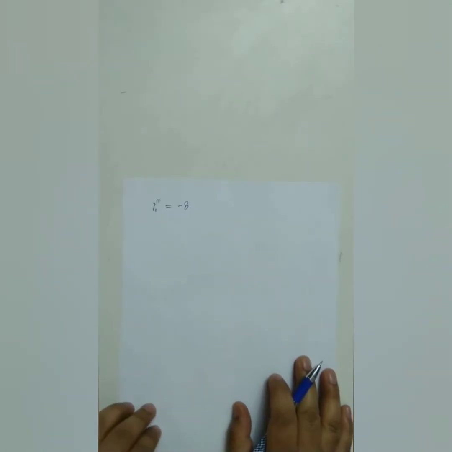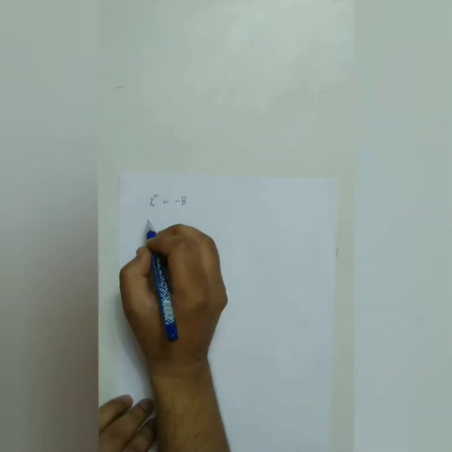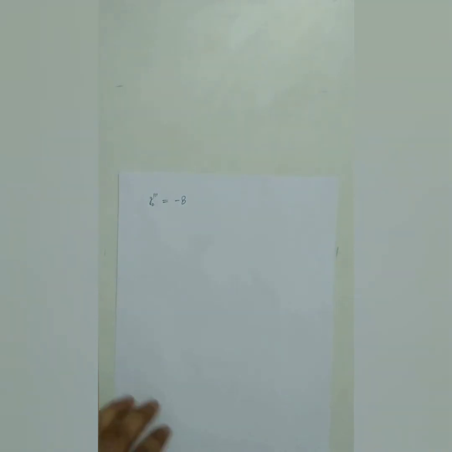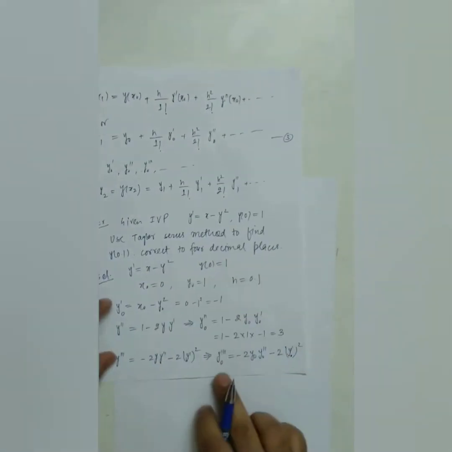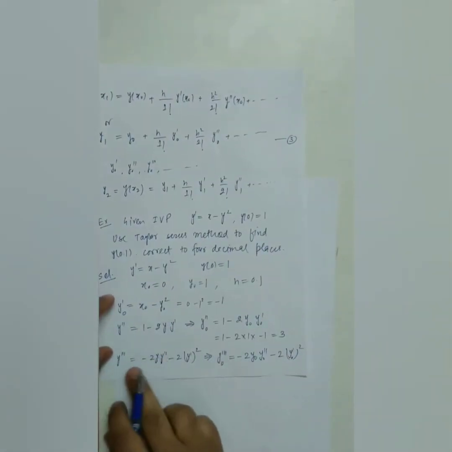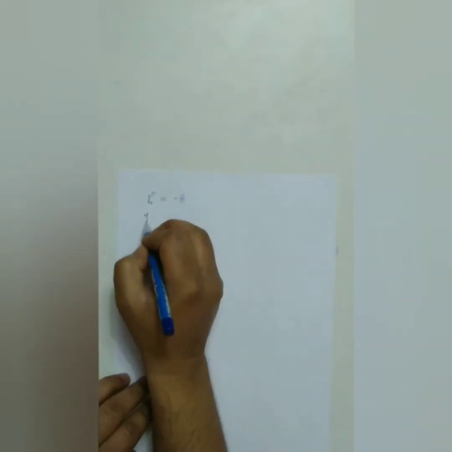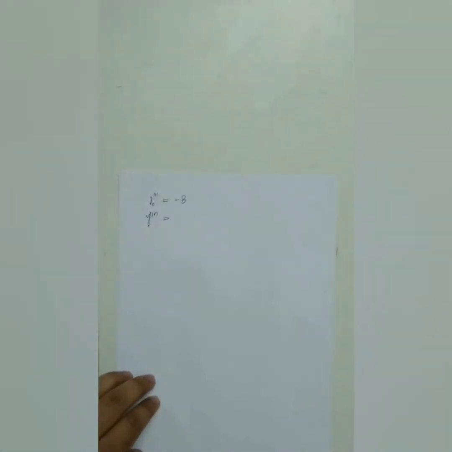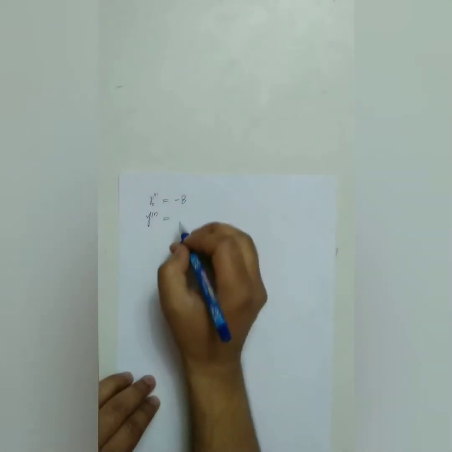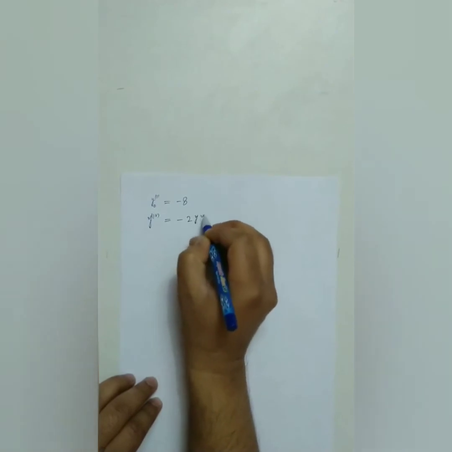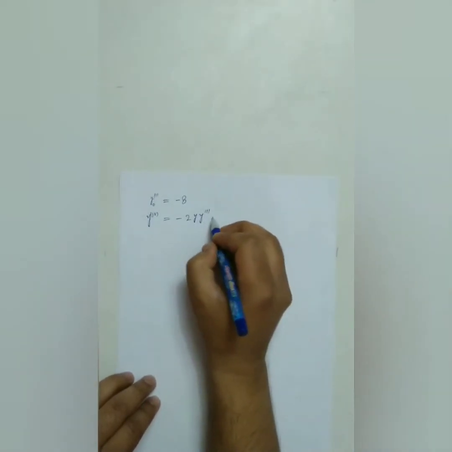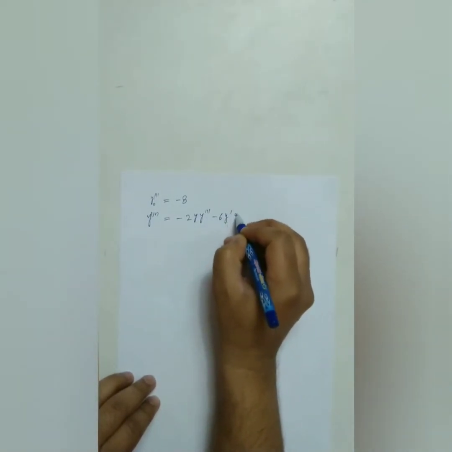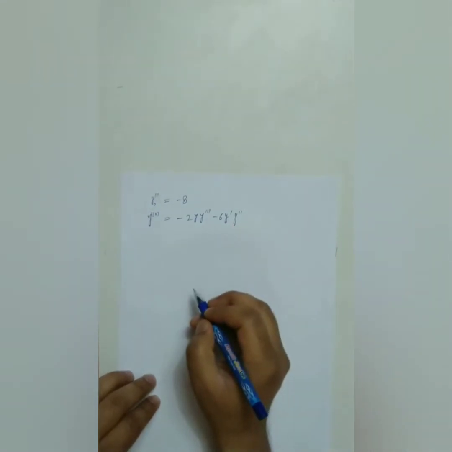Now we find y fourth. When we differentiate this y triple dash one more time, we will get y4, the fourth derivative of y. This will be equal to minus 2y triple dash minus 6y dash y double dash.